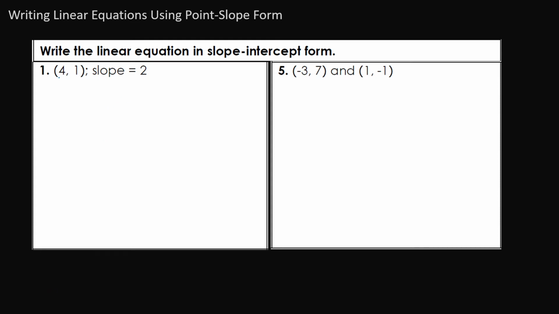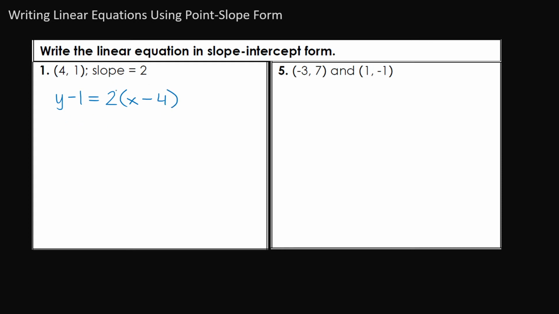Okay, so we're given in problem 1 the coordinate 4, 1, and a slope of 2. So if we write this in point-slope form, that's why this form is really handy for us, because we don't need 2 points, we can write it like this: y minus y1, which is 1 here, is equal to m, 2, times x minus x1, which is 4.